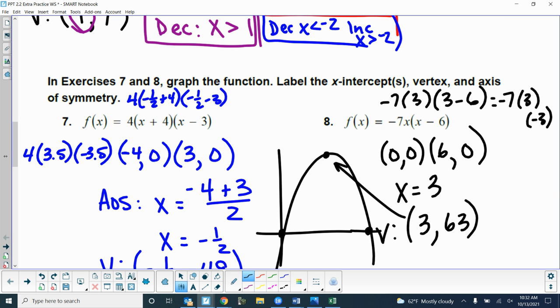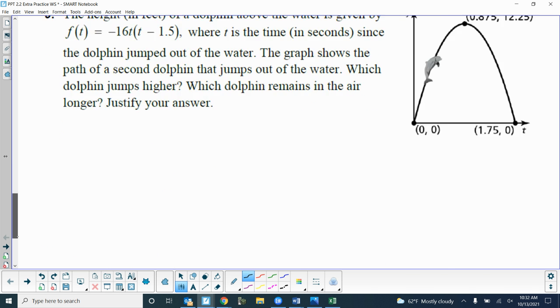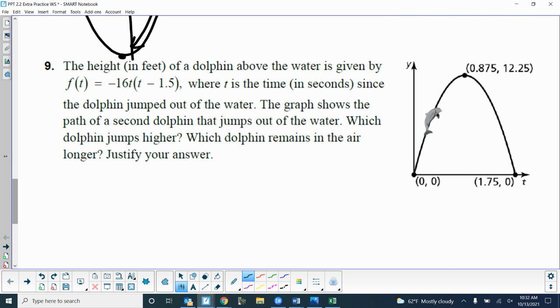You follow me? All right. Questions? All right, the word problem, what I did is I found the x-intercepts of the equation they gave us. The x-intercepts, just set that equal to 0. -16 times what is 0? 0, right? And what minus 1.5 is 0? 1.5, right?